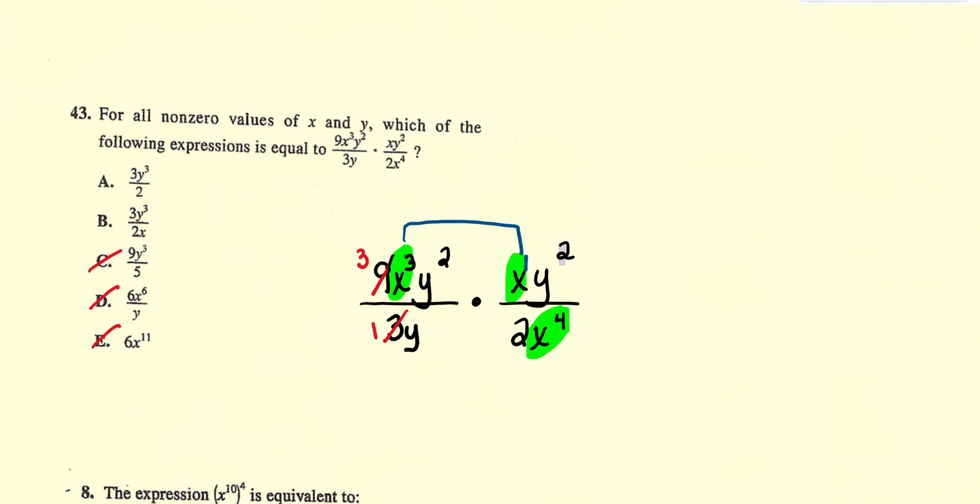That's like having x to the 4th in the top. And if I have x to the fourth in the top and x to the fourth in the bottom, those 4 in the top and the 4 in the bottom just completely cancel. There's no x's left whatsoever. So my answer has to be A, the one that doesn't have any x's left.